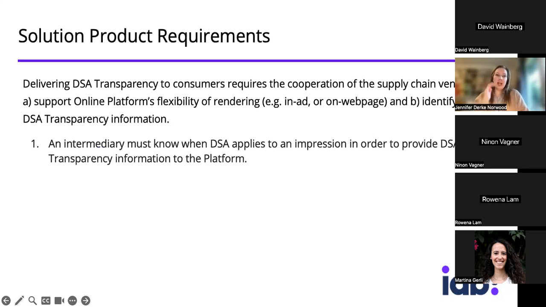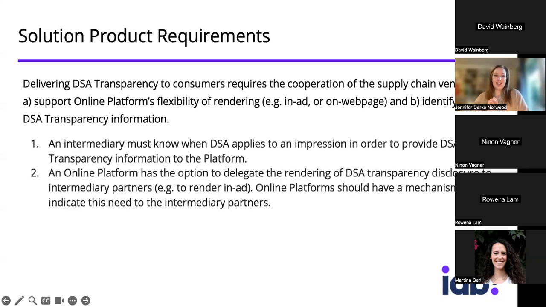The first point here, as we work through the product requirements at a detailed level of how this works: an intermediary must know when DSA applies to an impression in order to provide DSA transparency information to that platform. The second, an online platform has the option to delegate the rendering of DSA transparency disclosure to intermediary partners, for example, to render in ad. Online platforms should have a mechanism to indicate this need to their intermediary partners.